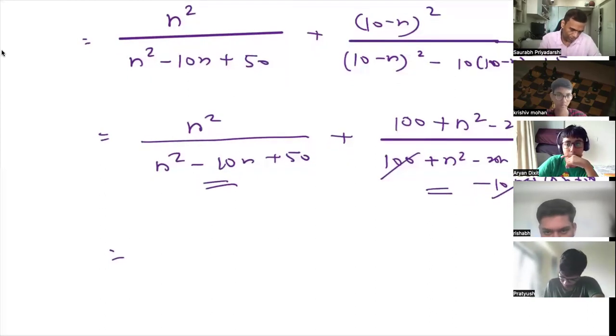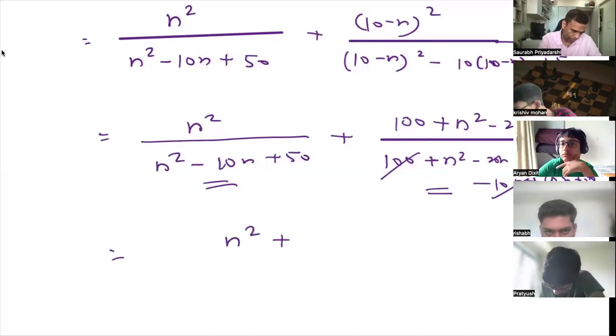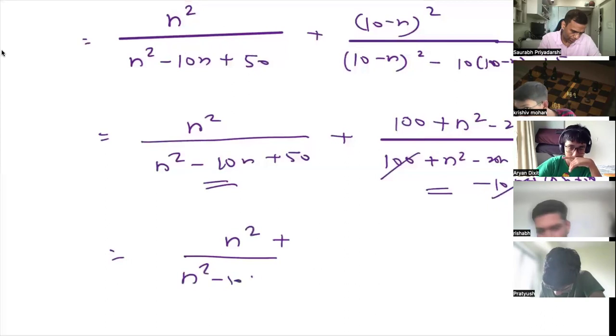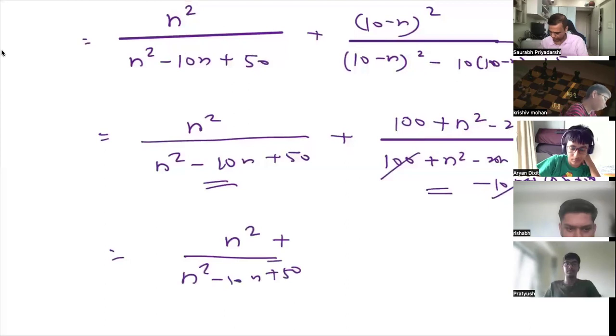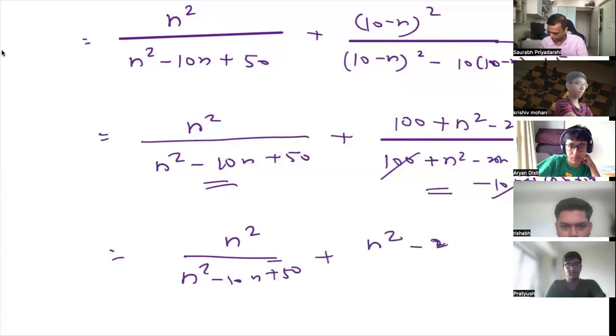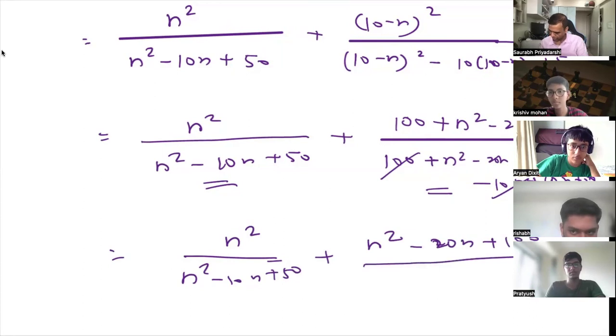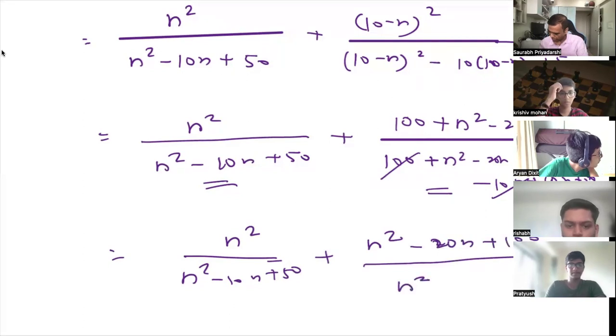So if you'll see this, n square upon n square minus 10n plus 50, and the second number is coming as n square minus 20n plus 100, and this will be n square minus 10n plus 50.